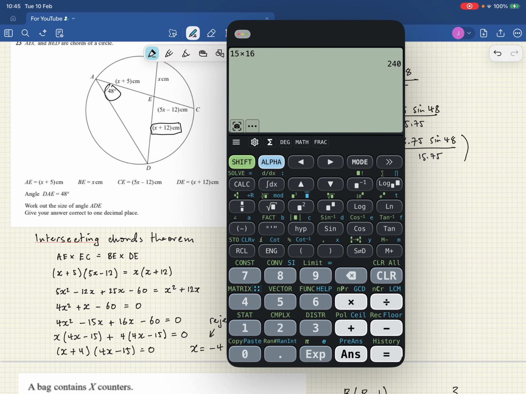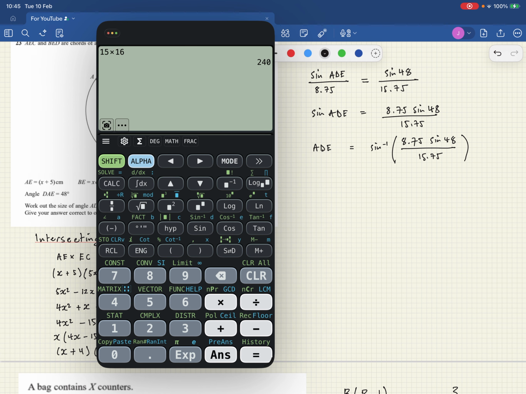Let's move this if I can. So I want the inverse sine of something. That something is a fraction.